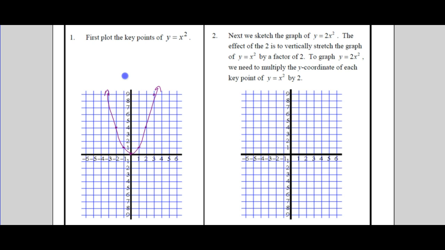The effect of the 2 is to vertically stretch the graph of y = x squared by a factor of 2. To graph y = 2x squared, we need to multiply the y-coordinate of each key point by 2. Okay, so it's going to be (1, 2) and (2, 8), and (-1, 2) and (-2, 8).